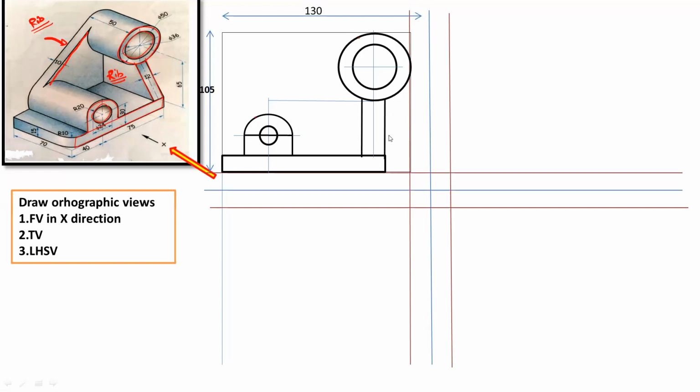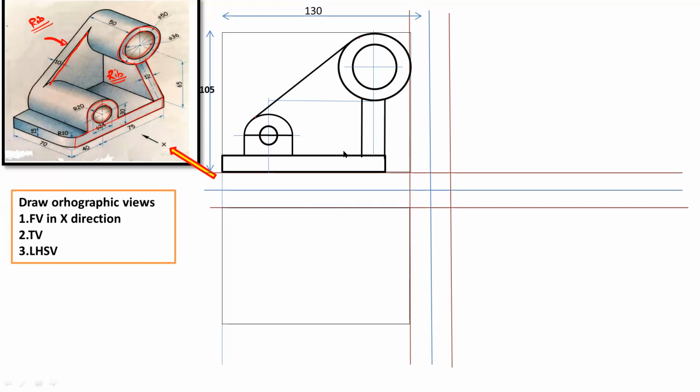These two vertical lines will represent the front view for this rib. From this point, draw one vertical line and take distance 12 mm and draw a second vertical line. And draw this tangent line that will represent this rib. So this completes your front view.